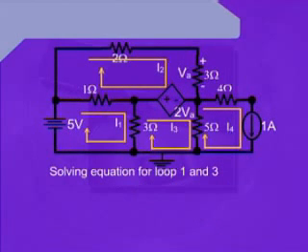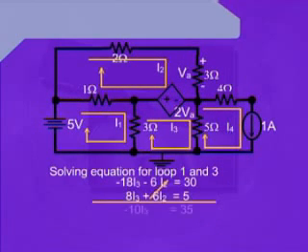Solving simultaneously the equations for loops number 1 and 3, we can write minus 18I3 minus 6I2 is equal to 30, and 8I3 plus 6I2 is equal to 5.